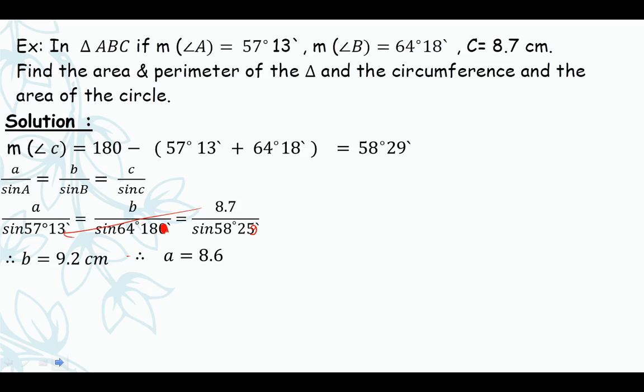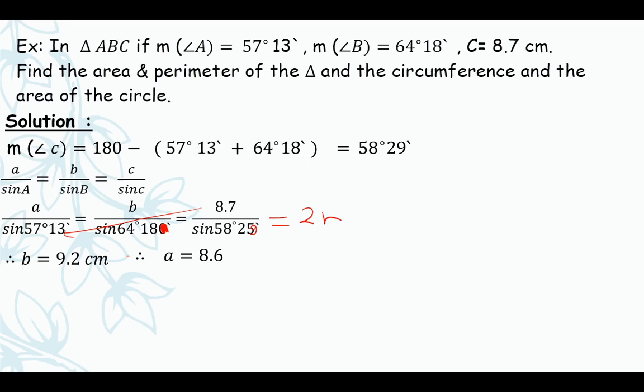Since to get the radius of the circumcircle of the triangle ABC, 8.7 over sine 58 degrees 29 minutes equals 2r. This ratio equals 2r.